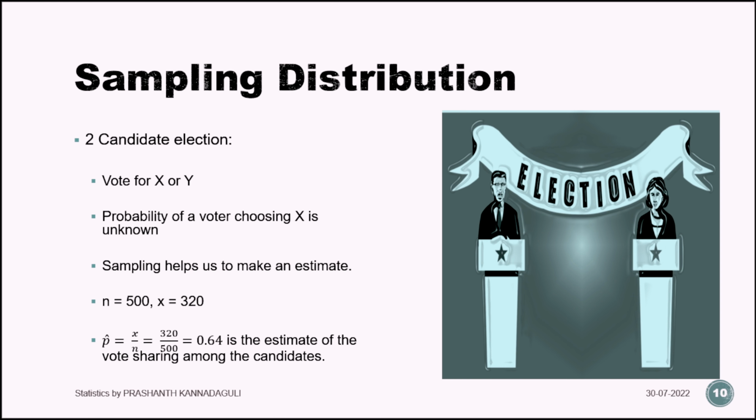Out of these 500, this is the value. It's a vote share. Out of the 500 people I asked, 320 is the vote share. 320 by 500 is the vote share of candidate X.